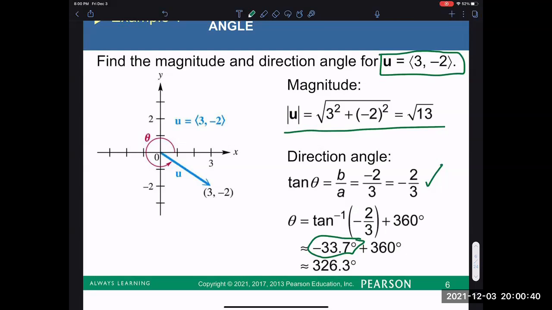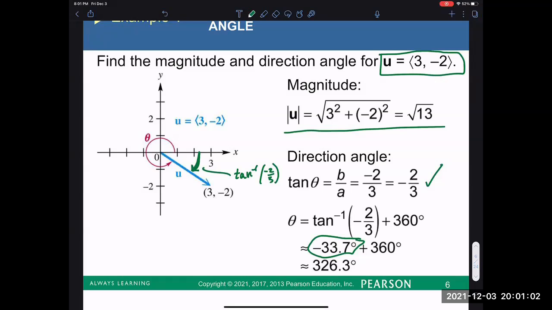So this is where we would get tan inverse of -2/3, knowing that that would give us this angle here, in a negative direction. And instead, what we want is the positive counterclockwise rotational angle.